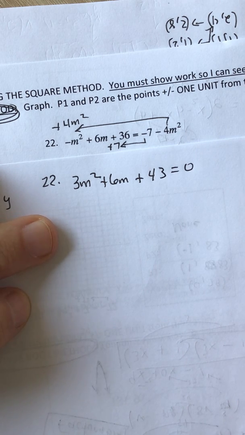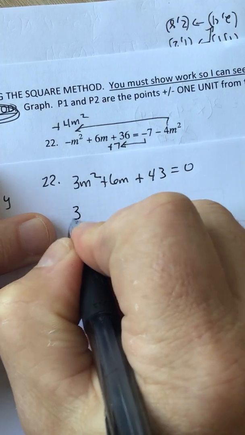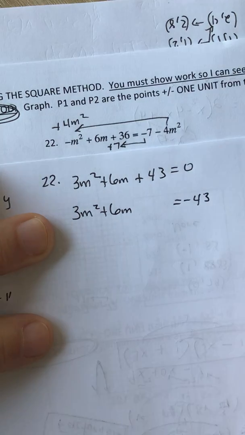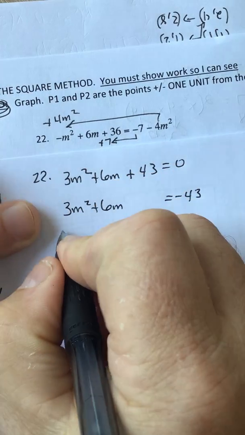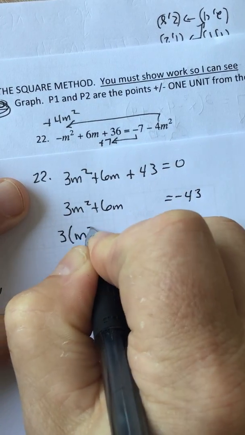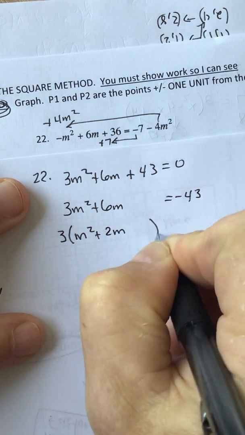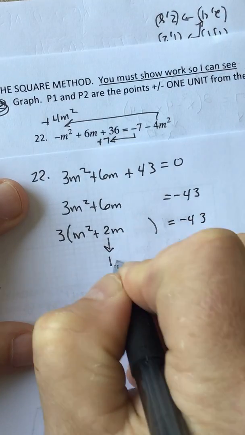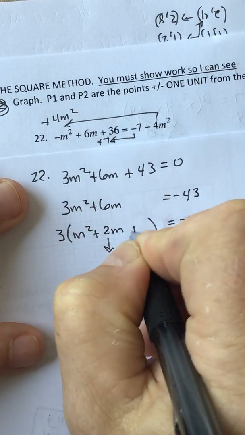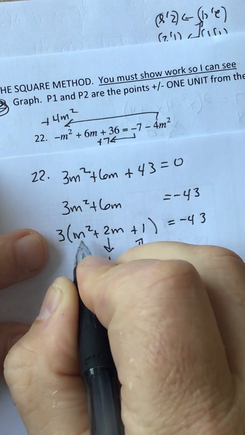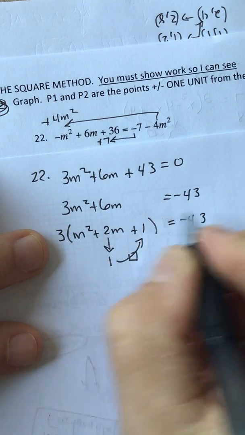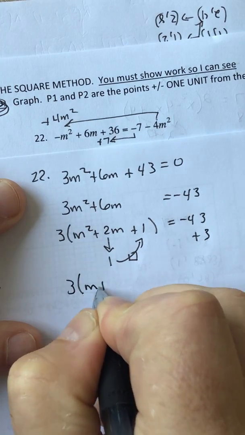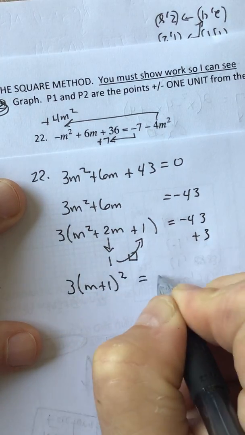I'm going to move the 43 to the other side. Got to factor out the 3, so that's m squared plus 2m. Cut the b in half, square it, and add it in. 1 squared is 1. So I added 1 to this side, but it's really times 3. So I added 3 to this side, I'll add 3 to that side. So we have 3 times m plus 1, all squared, equals negative 40.